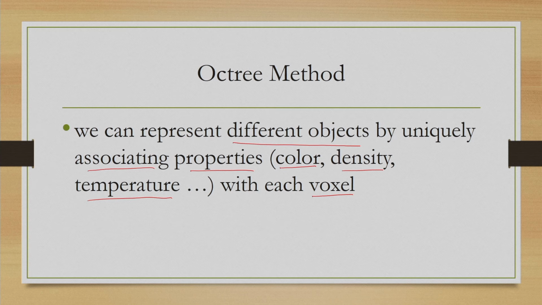So, we are given a 3D space, the space we divide into 8 regions and we continue this division. Each sub-region is divided further into 8 sub-regions and so on. We continue this division in a recursive manner till we reach the voxel level or uniform sized cubes. And this process creates a tree.